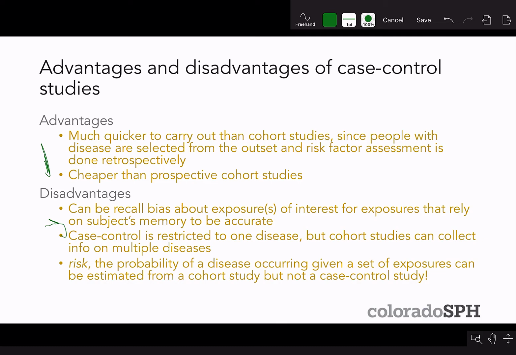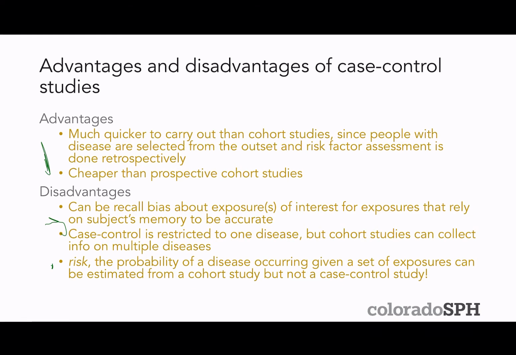Also, case control studies are restricted to one disease, but cohort studies can collect info on multiple diseases. And risk, or the probability of disease occurring given a set of exposures, can be estimated from a cohort study, but not from a case control study.